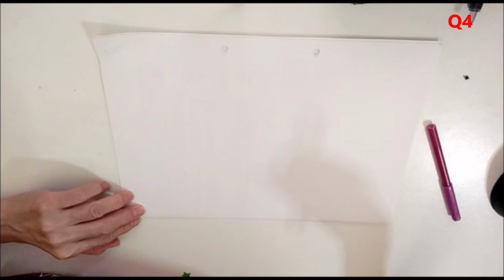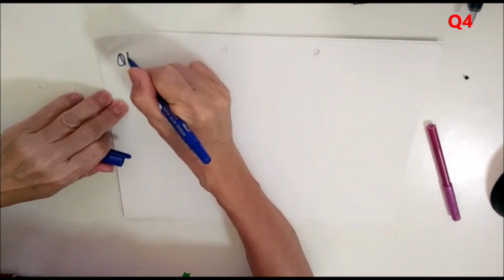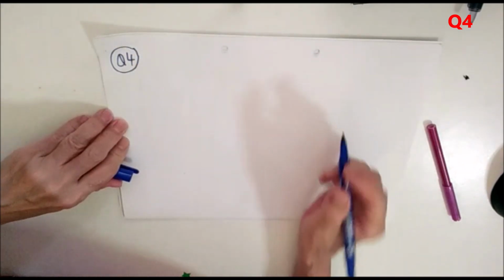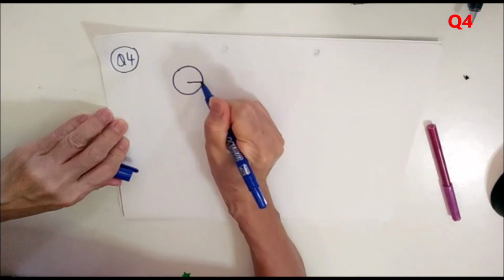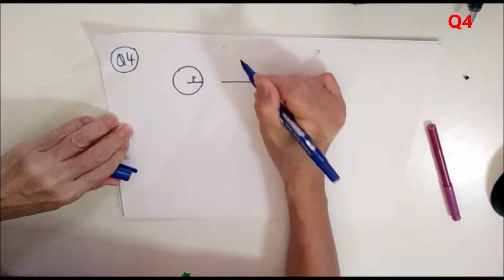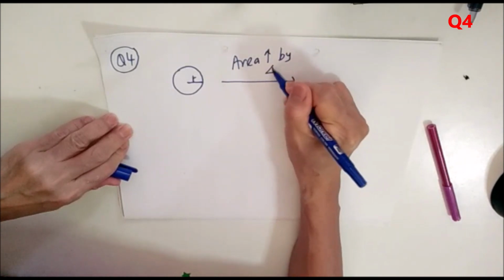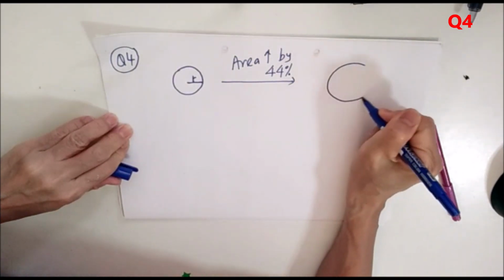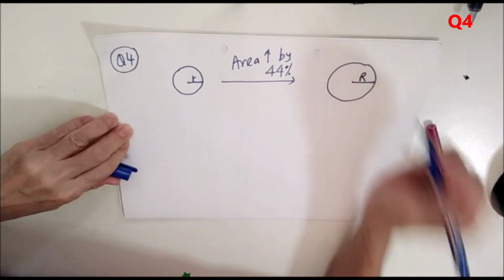Broderick Paper 1, Question 4. This question says that a circle with radius r, the area is increased by 44%, and you get another circle with bigger r, of course.